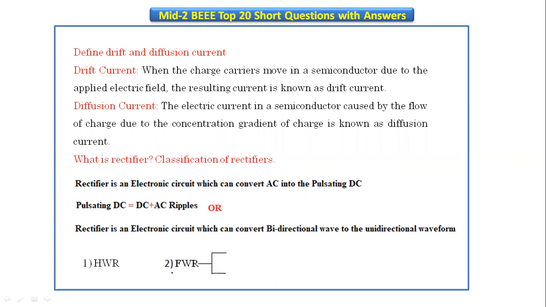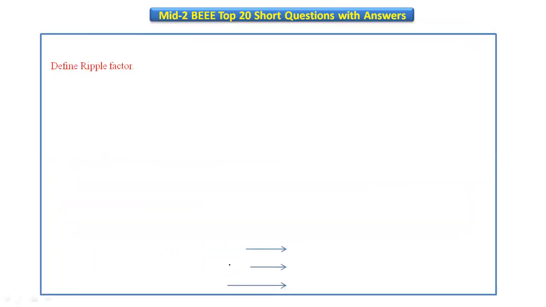Again, full wave rectifiers have two types: center tapped full wave rectifier and bridge full wave rectifier. These are the classification of rectifiers.